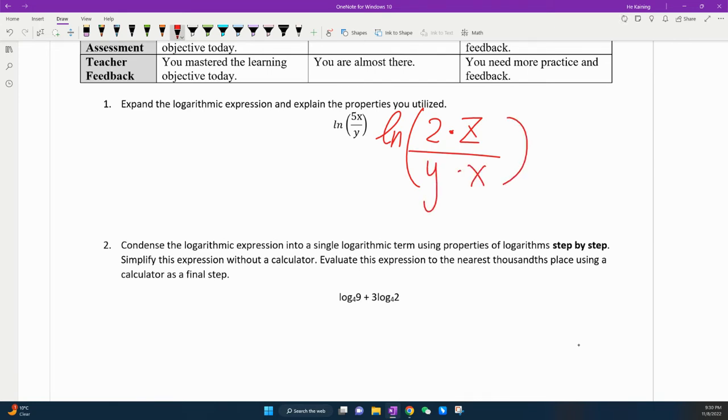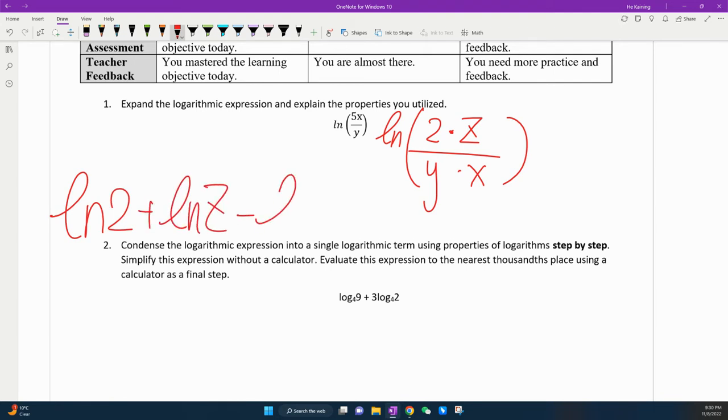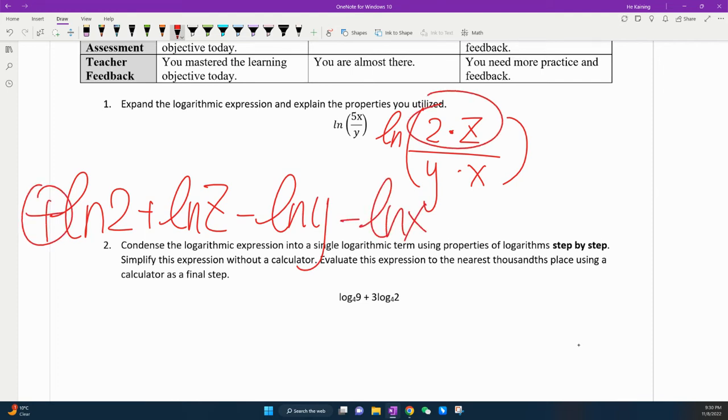Just like normal, whatever's on the top deserves a positive, whatever's on the bottom deserves a negative. So it's going to be ln 2 plus ln z minus ln y, and then minus ln x. Whoever's at the top, positive. Whoever's at the bottom, negative.